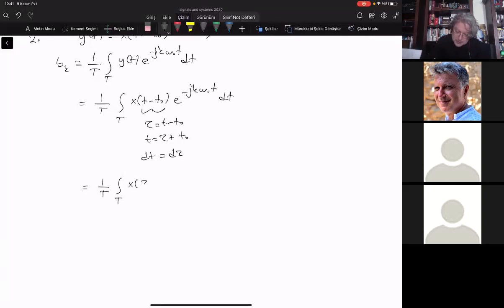X of tau e to the minus j k omega 0. Instead of t, I'm going to write tau plus t0 and d tau, which is equal to 1 over capital T over the period x of tau e to the minus j k omega 0 tau.